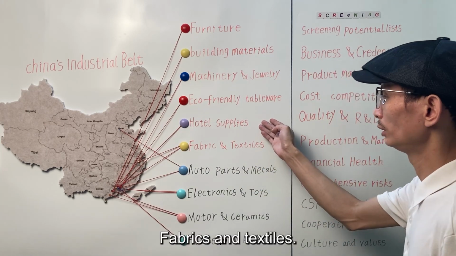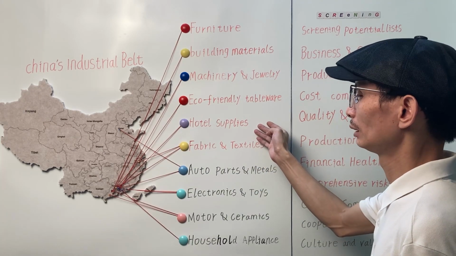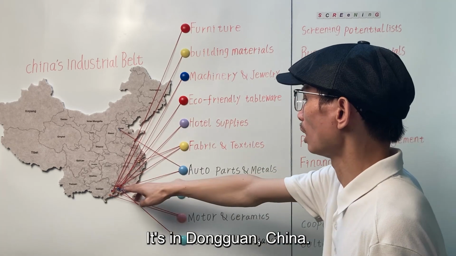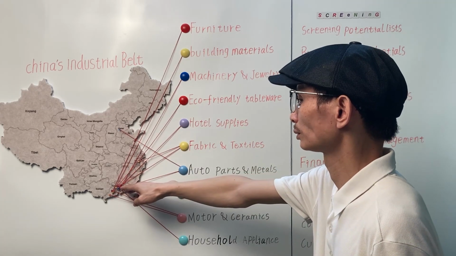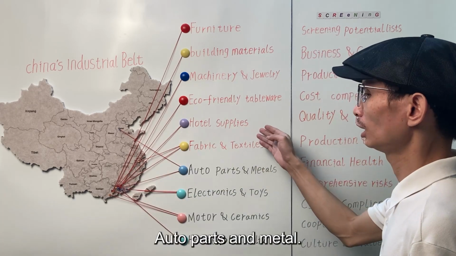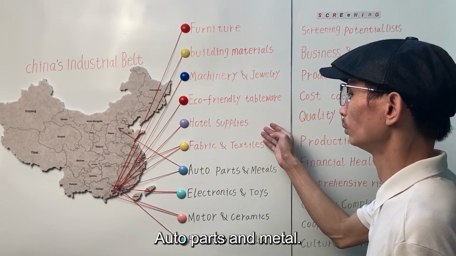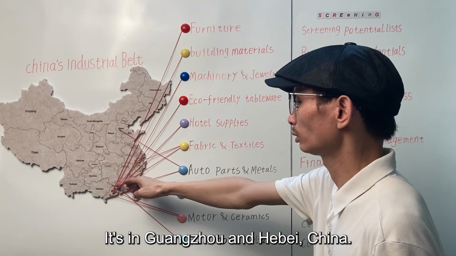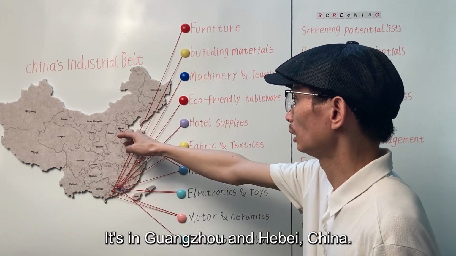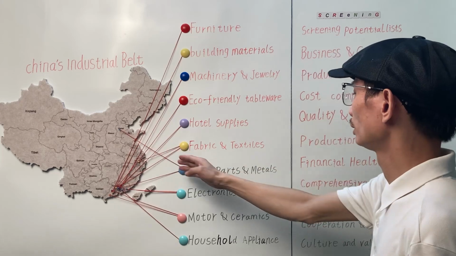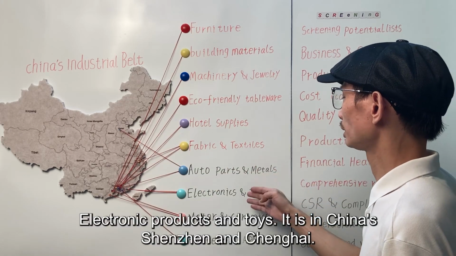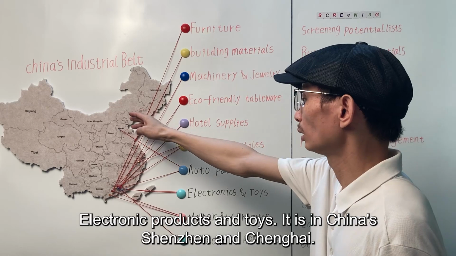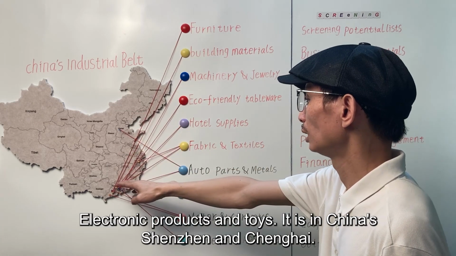Fabrics and textiles. It's in Dongguan, China. Auto parts and metal. It's in Guangzhou and Hebei, China. Electronic products and toys. It is in China's Shenzhen and Shanghai.